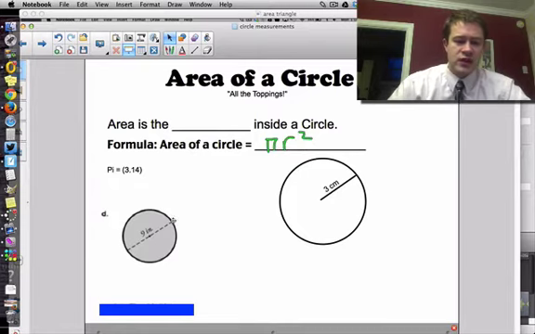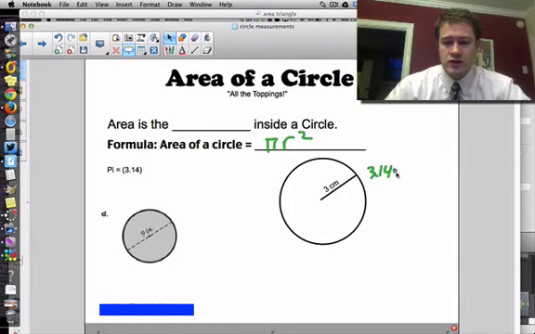And so what I do with that is, if I have this example where I have 3 centimeters as my radius, because it's half the distance across, I would take pi, which is 3.14, times 3 to the second power. And so I would take 3 squared, that equals 9. So I would do 3.14 times 9.